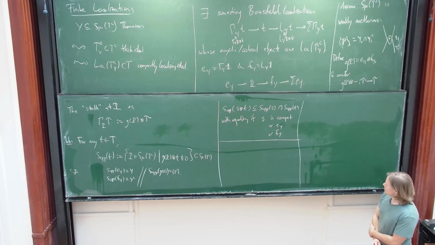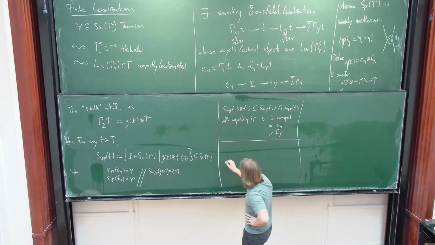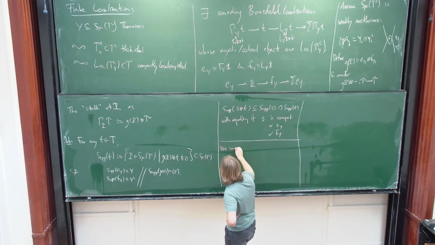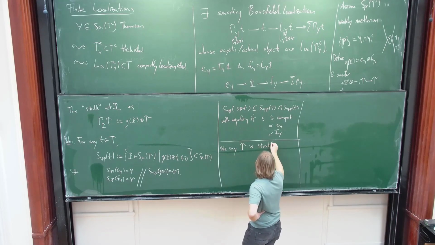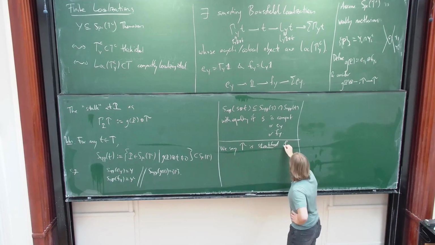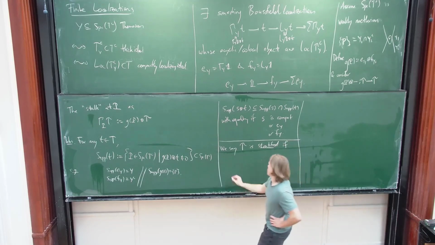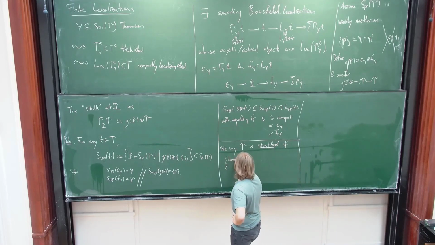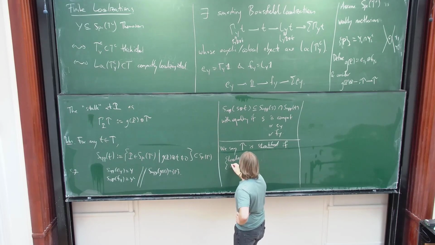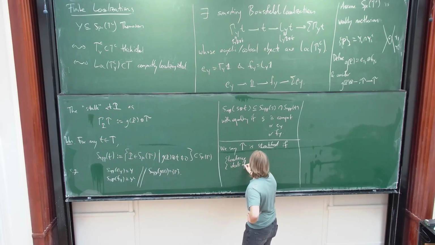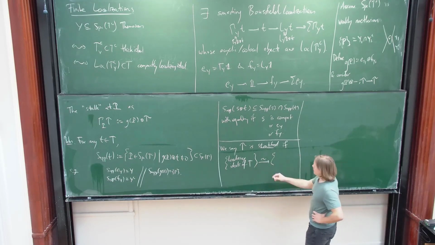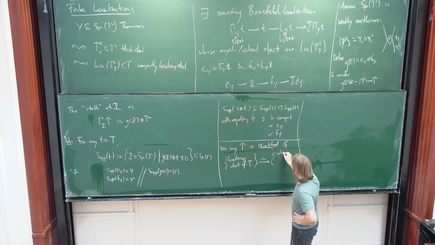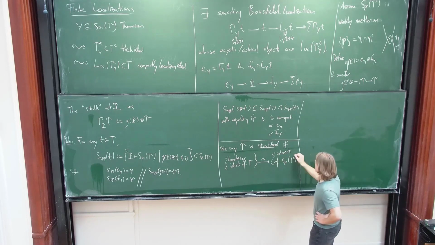And so you can then define, we say that T is stratified if we get a bijection from the localizing ideals of T to the subsets of this space.